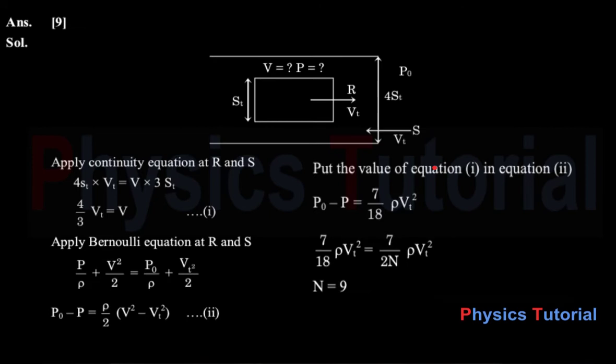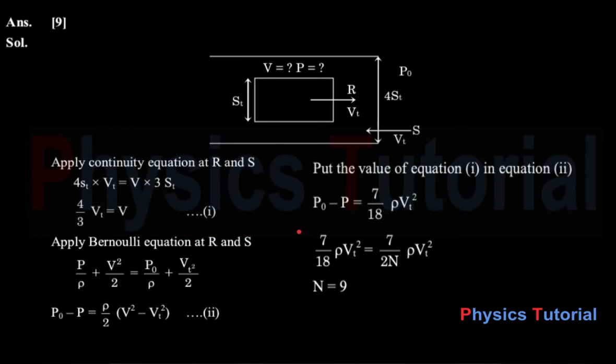So let's see. As you know here, applying the equation of continuity, that is A1 V1 is equal to A2 V2. Let the area of cross section, this one is 4S as was given here, and let this be ST. So applying A1 V1 equals A2 V2, we get the value Vt over here.